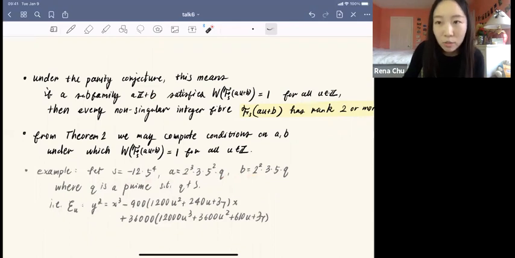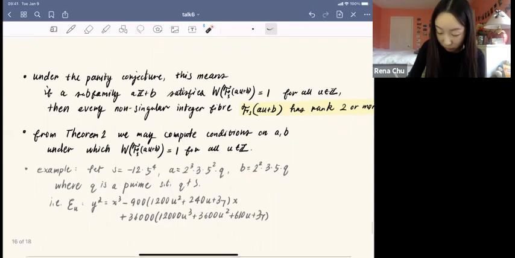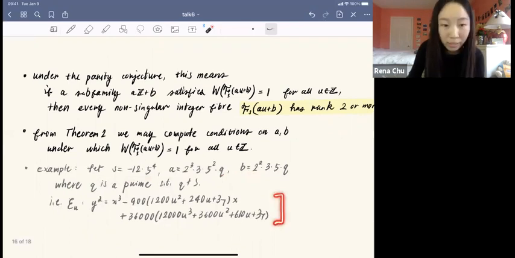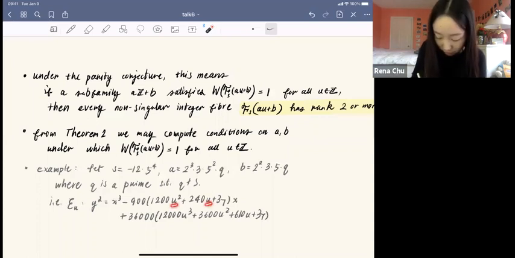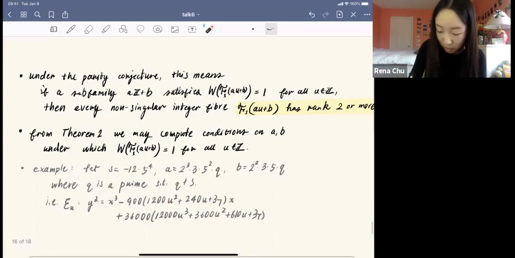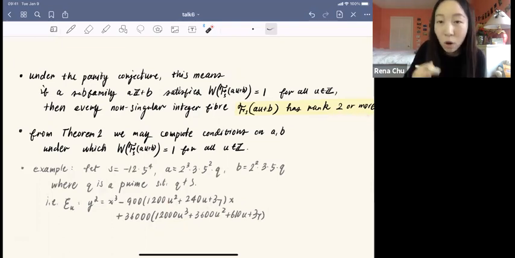Writing this out in terms of its Weierstrass equation, we see that this family looks like this. Our theorem tells us that for this particular family of elliptic curves, for every integer fiber, that means for every U here, if we sub in an integer, the rank is 2 or more in this family for all integer fibers.